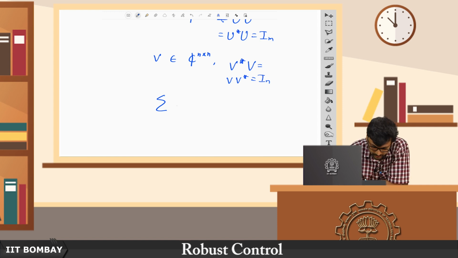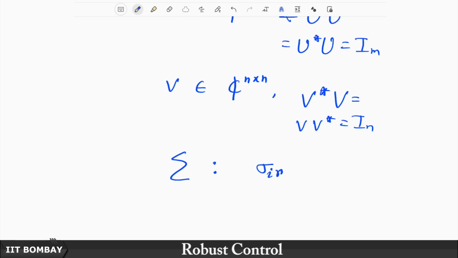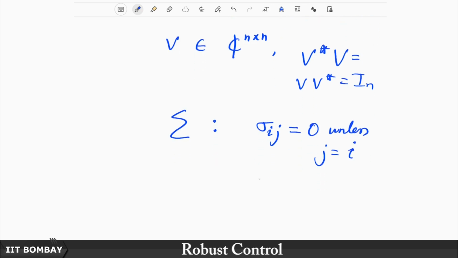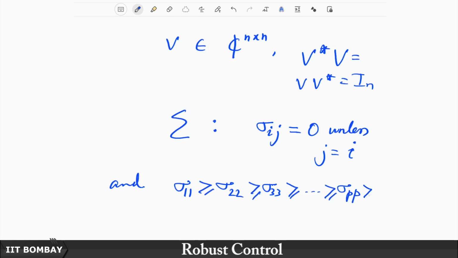Sigma can be described as follows: the ijth entry is equal to 0 unless j is equal to i, and there is this special ordering: sigma 1 is greater than or equal to sigma 2 is greater than or equal to sigma 3, and likewise there is this ordering till we have sigma pp, which is greater than or equal to 0.